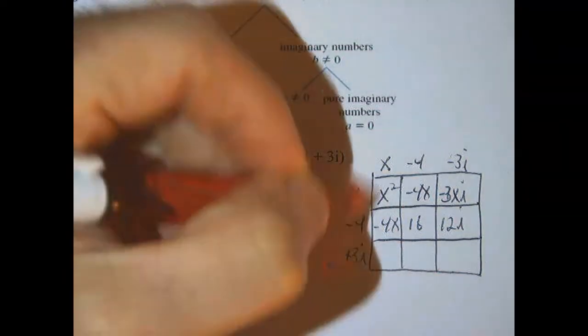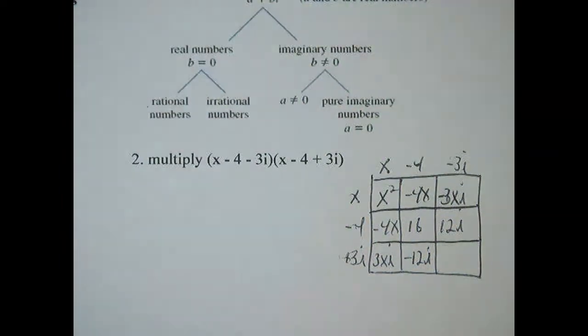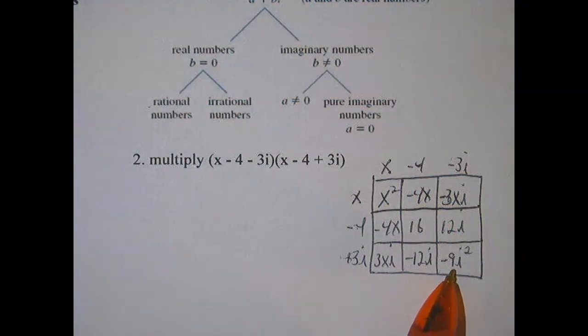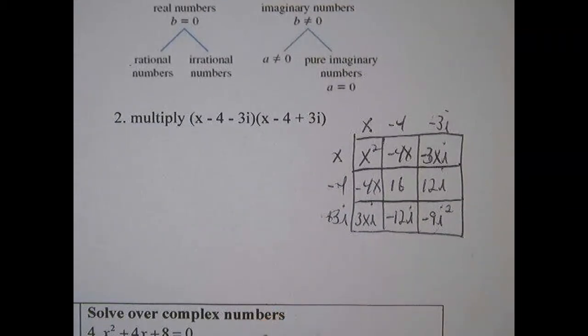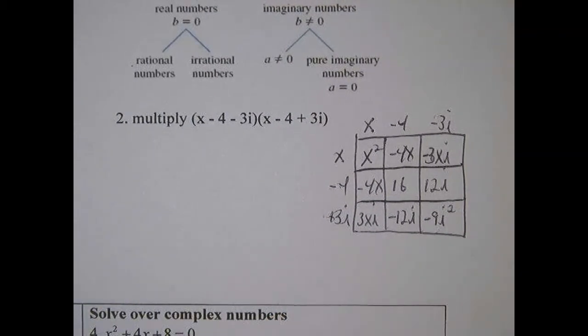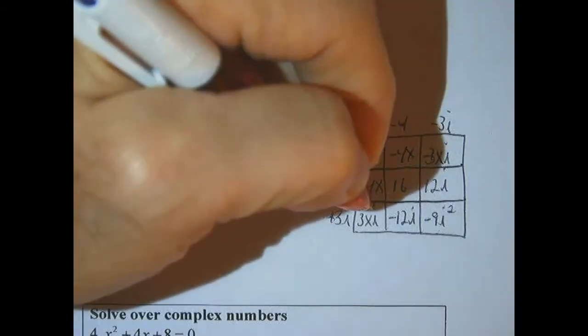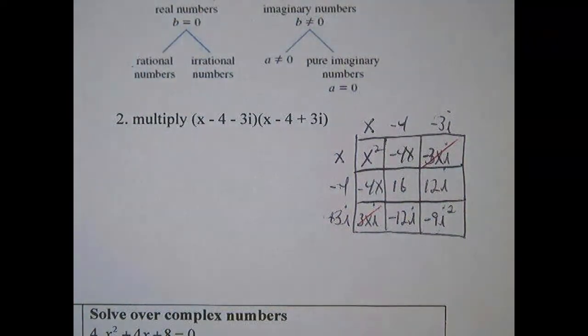Okay, 3i times x is plus 3xi. 3i times negative 4 is minus 12i. And 3i times negative 3i is negative 9i squared. Negative 9i squared is going to be negative 9 times negative 1. And that's going to turn into a real number, not an imaginary number. So let's see what we get. Do we get any cancellations here? Well, plus 3xi minus 3xi cancel.